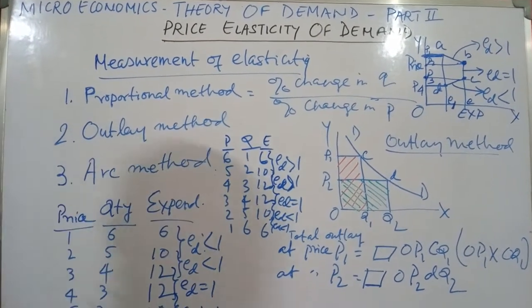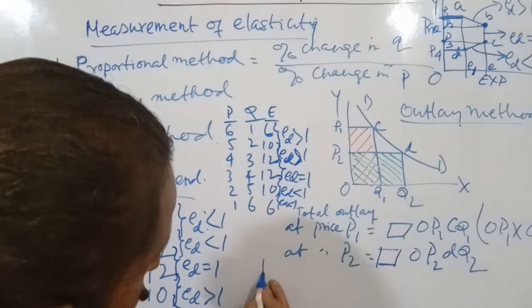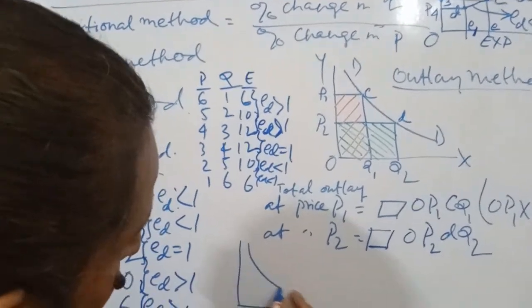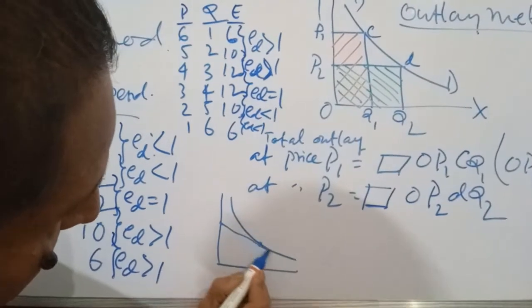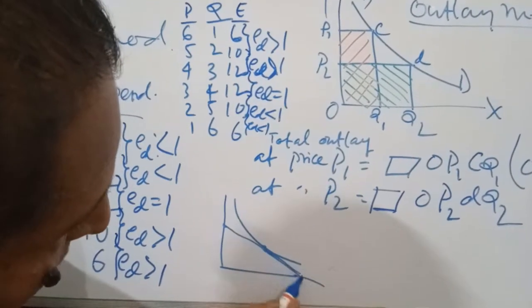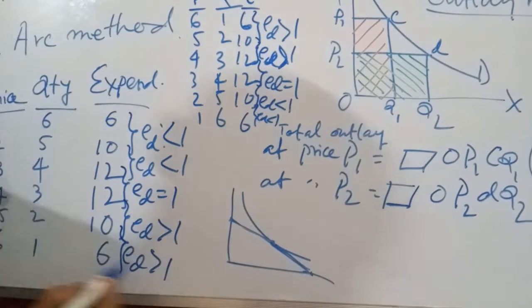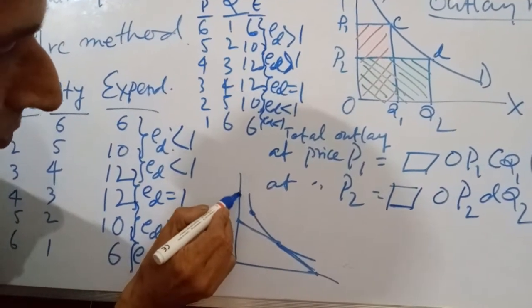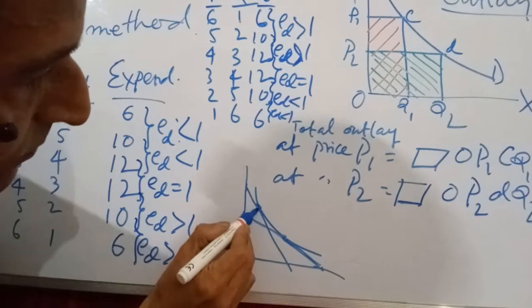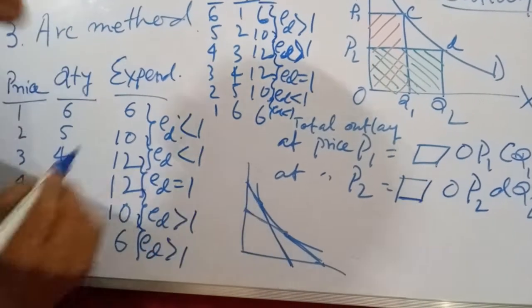This means for a curvilinear demand curve like this, elasticity at this point will be lower segment by upper segment. Elasticity at this point will be the lower segment by upper segment of the tangent.